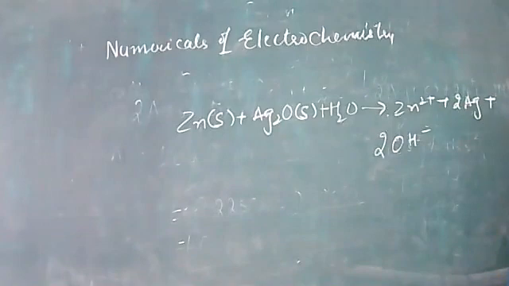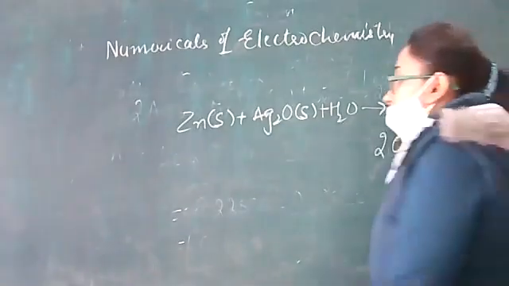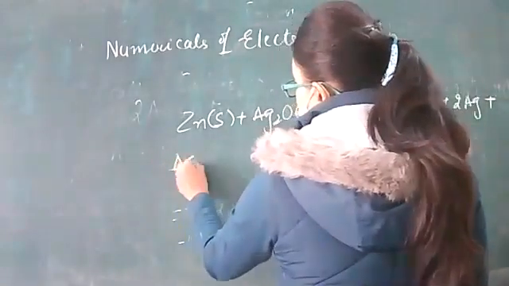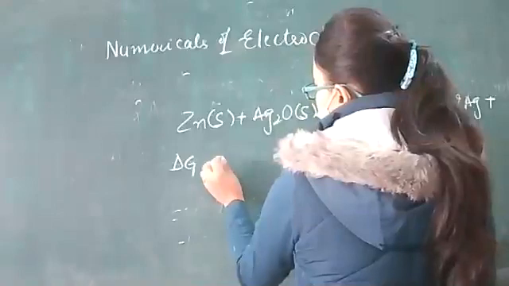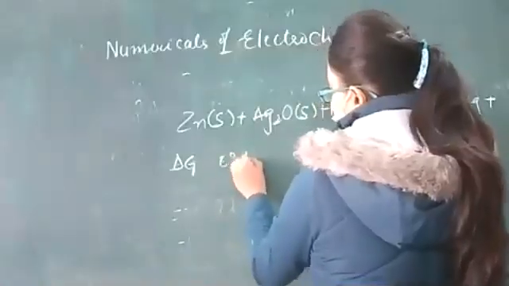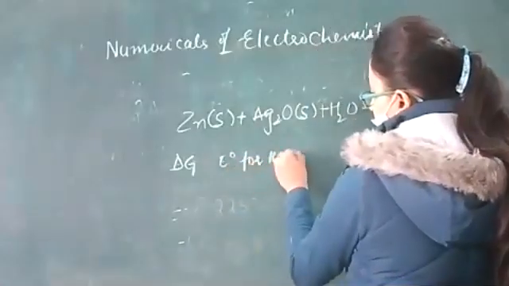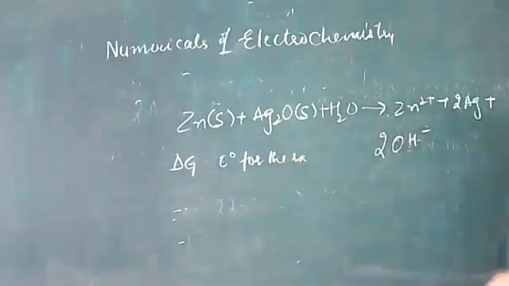Now you have to find out delta G and E naught for the reaction. But for finding out E naught of the reaction, the value of E naught of silver is given.